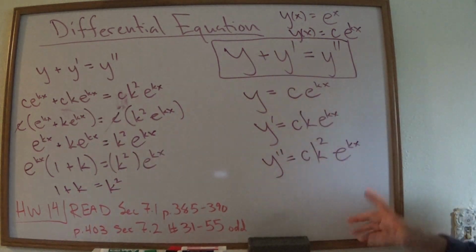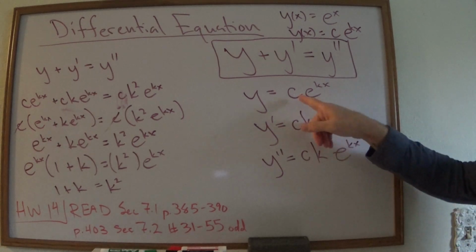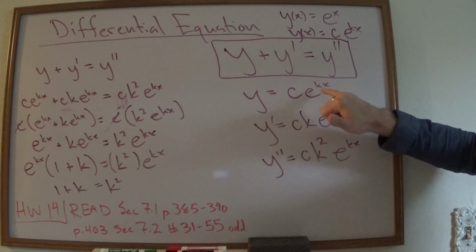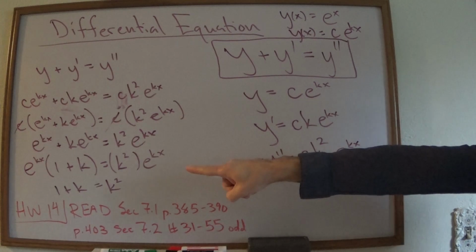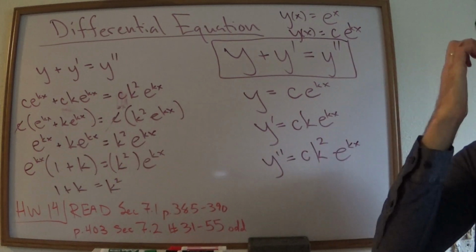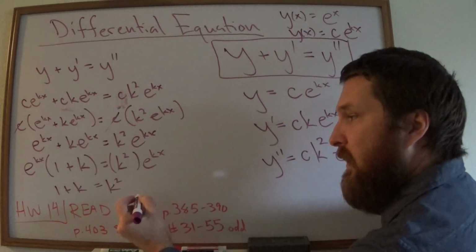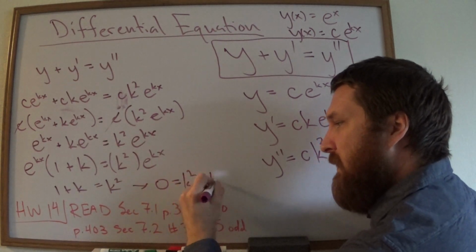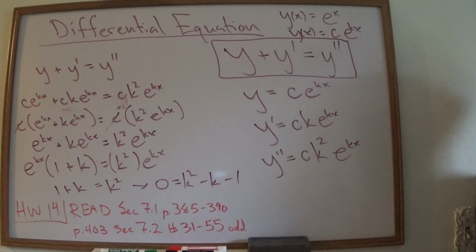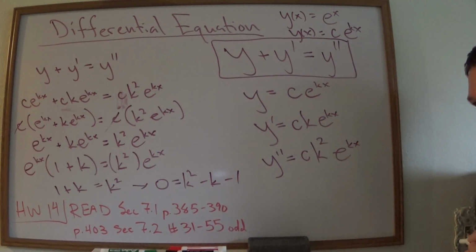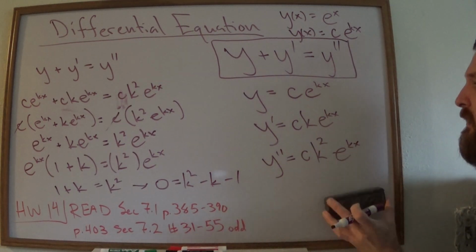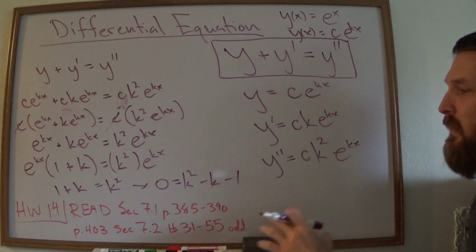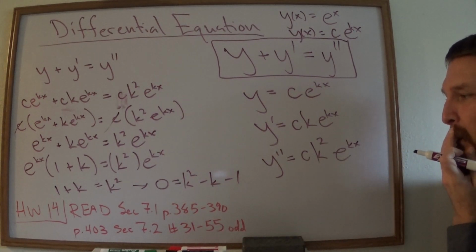And so this will work for any c. And now, as long as k obeys this right here, let's see what that is. I'm going to rewrite this as 0 equals k squared minus k minus 1. Can we find out what k is equal to? k minus 1 squared, so k is equal to 1.